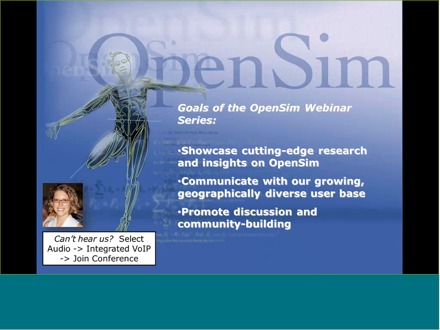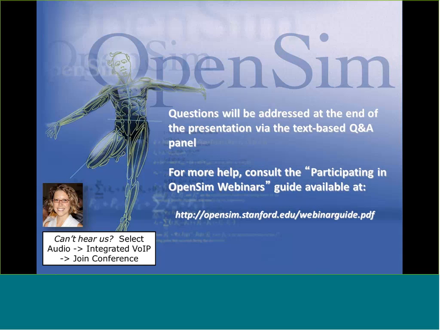So the first goal of our webinar series is to showcase research that's being performed with OpenSim. OpenSim is also a growing community of users. So the second goal of our webinar series is to provide a platform for the OpenSim community to communicate and collaborate.